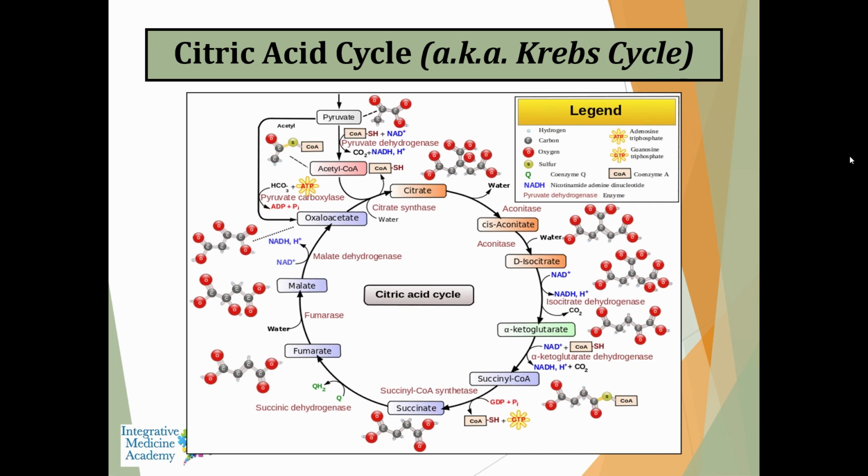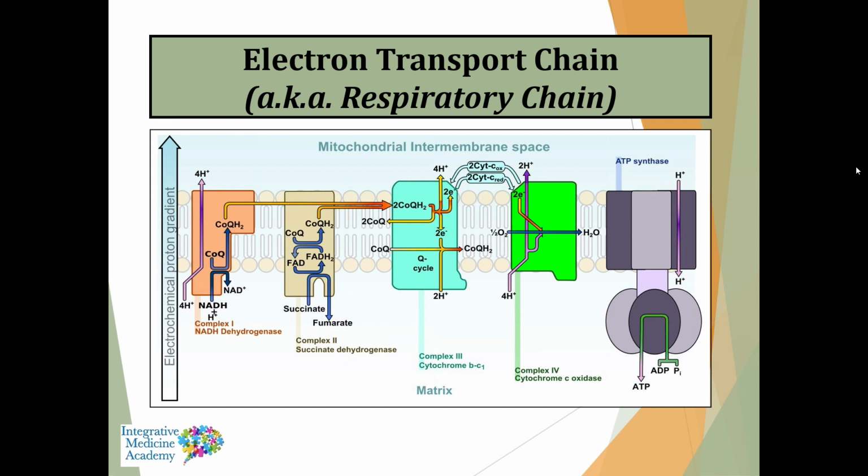So the Krebs cycle is connected to the electron transport chain through succinic dehydrogenase, as well as nicotinamide adenine dinucleotide hydrogen. So the NADH, for example, right here. So NADH, this complex 1 is the NADH-NAD connection, and then complex 2 is the succinic dehydrogenase connection.